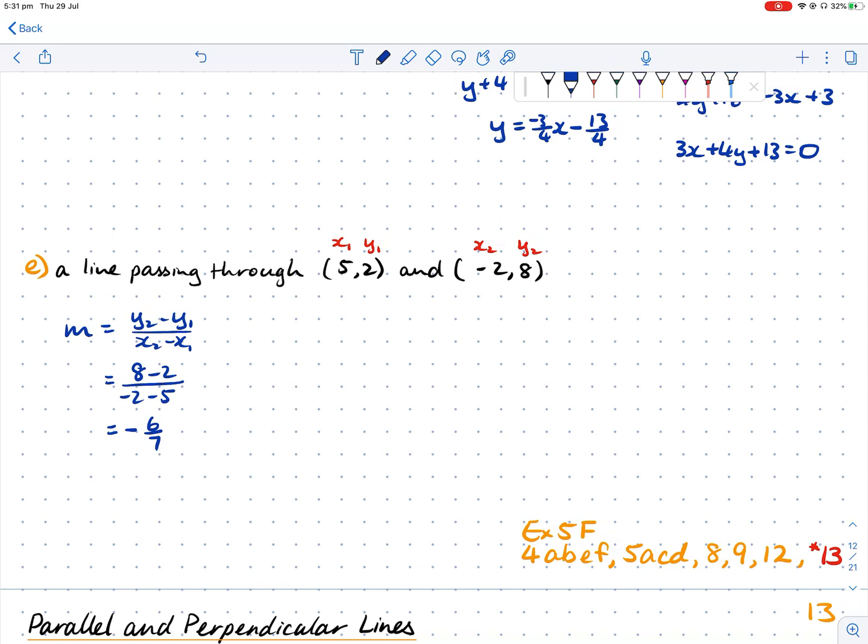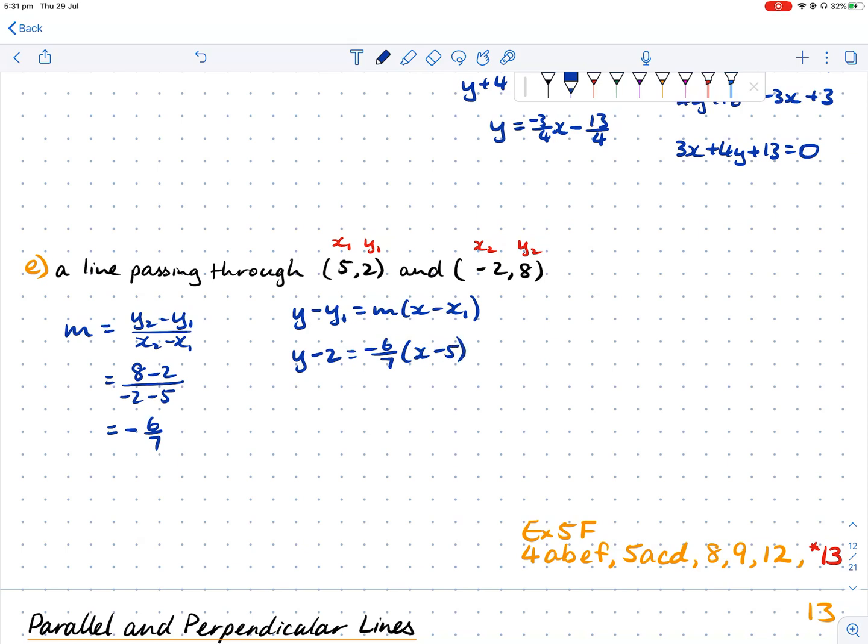Also because the two numbers are positive, we're less likely to make mistakes when making those substitutions. So y minus y1 equals m(x minus x1). So we've got y minus 2 equals minus 6 over 7 (x minus 5).